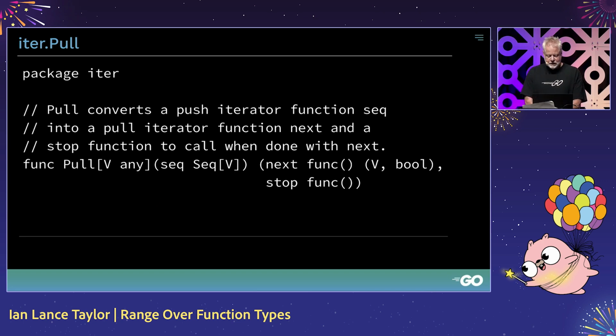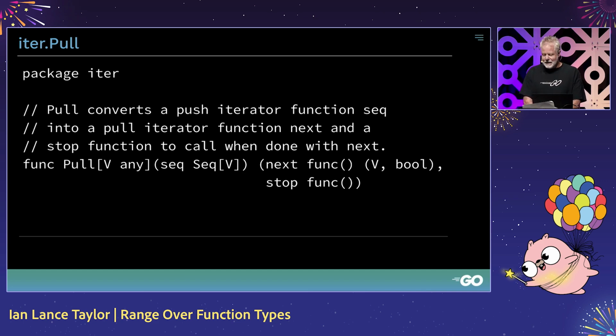The new standard library function iter.pull takes a standard iterator, that is to say, a function that is a push iterator, and returns a pair of functions. The first is a pull iterator, a function that returns the next value in the sequence each time it is called. The second is a stop function that should be called when we are done with the pull iterator. This is like the set.pull method we saw earlier.